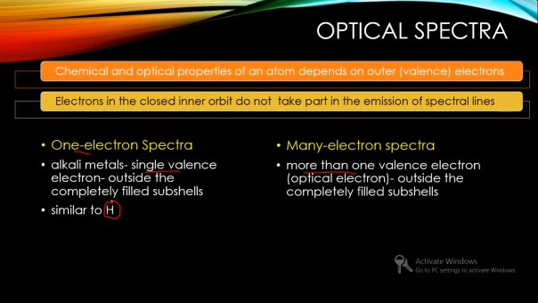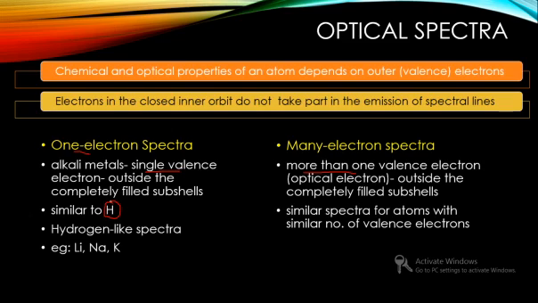Hydrogen also had one electron, so it would have a similar spectrum. So it is called hydrogen-like spectra, which is simpler. Examples are atoms in the alkali metal family: lithium, sodium, potassium, etc.